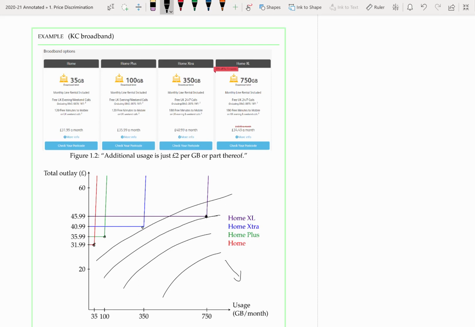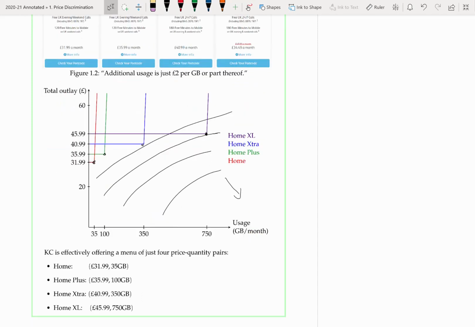So essentially, KC is offering price quantity pairs, four of them. We can think of these plans just as price quantity pairs. So we've got the four prices, we've got the four quantities, and KC must have done some research and found that there are broadly four types of consumer, and these are the prices and quantities that they want to offer to consumers in order to maximize profit.